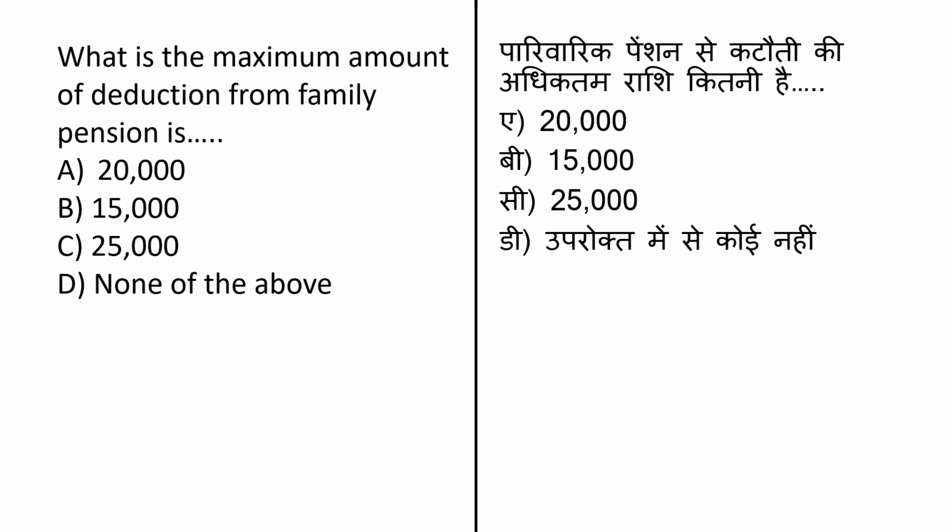What is the maximum amount for a deduction from the family pension? In this question, they ask you about the maximum amount which is available for deduction from the family pension. Here the family pension received by the dependents of the employee is taxable under the head income from other sources. Please remember this.